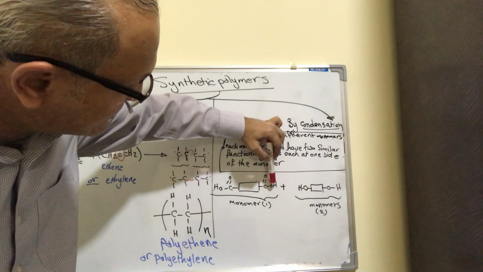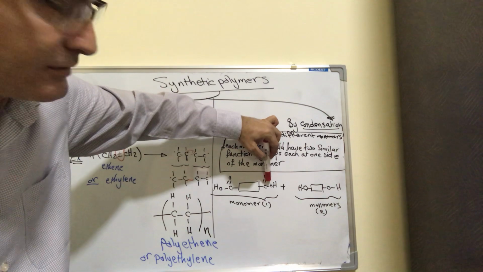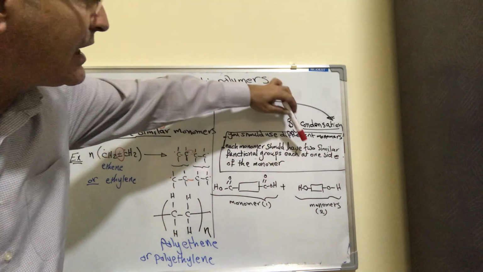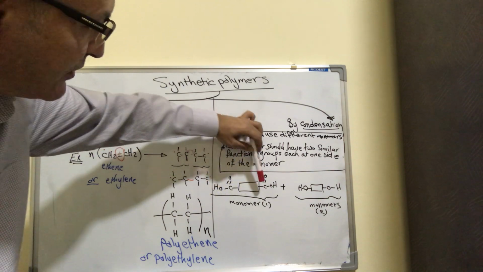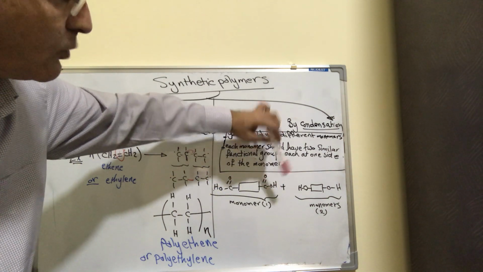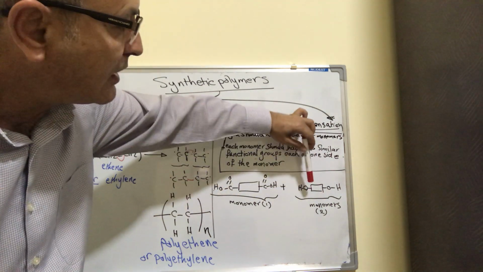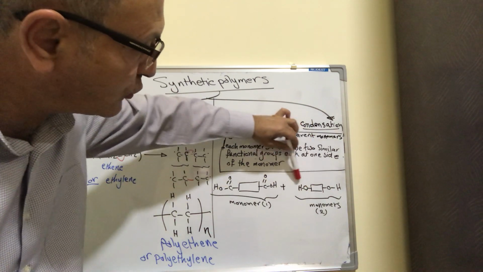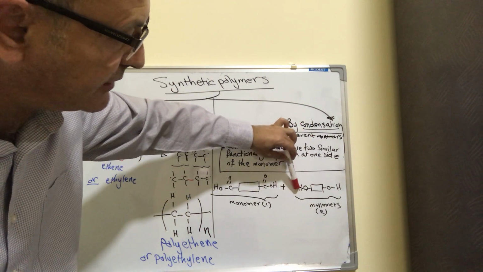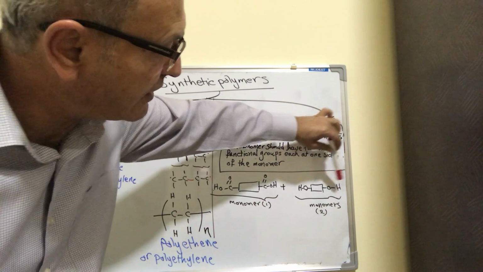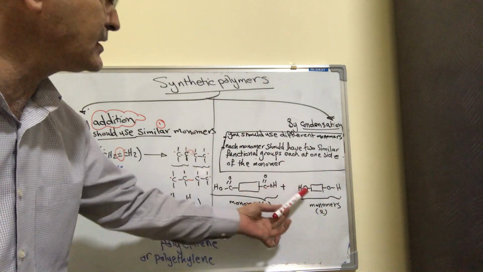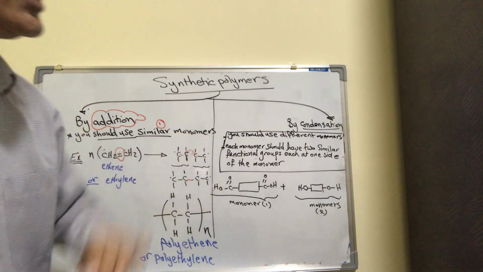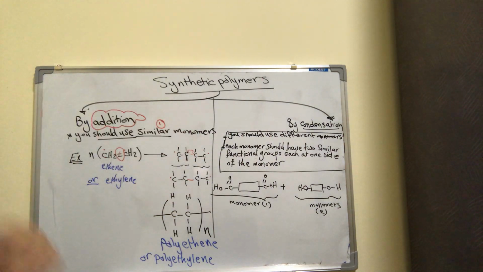And the same carboxyl group at the other end. This is what I mean by each at one side. Carboxyl group here, on the other side, another similar carboxyl group. For the other monomer, a hydroxyl group on one side, another hydroxyl group on the other side. This is, again, two examples for the conditions of the monomers used.